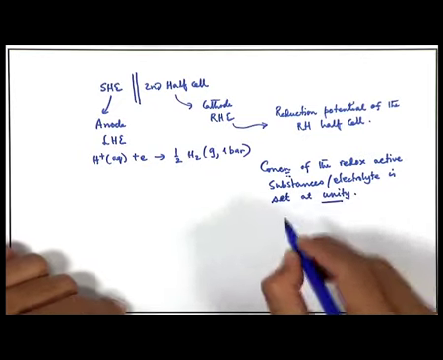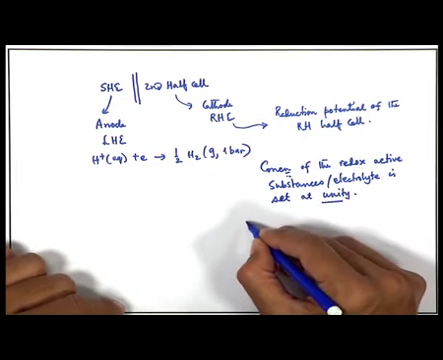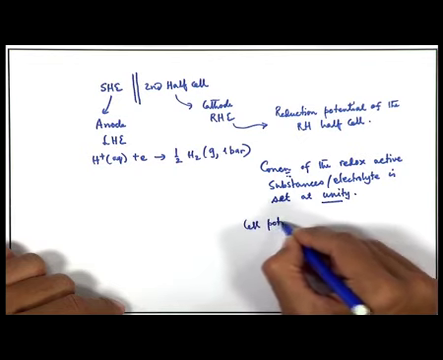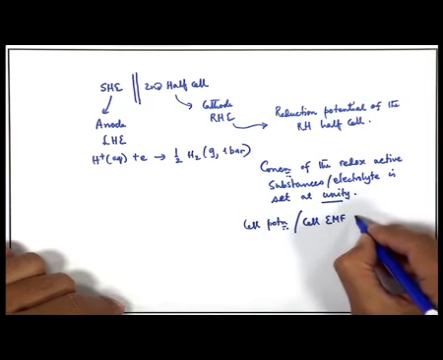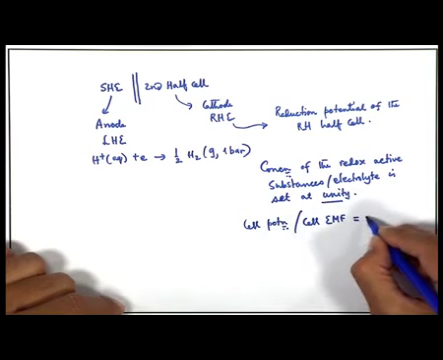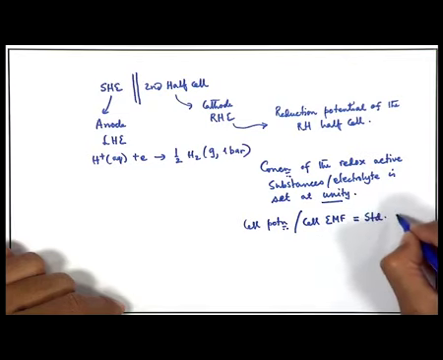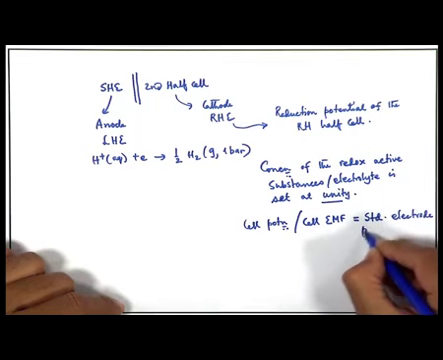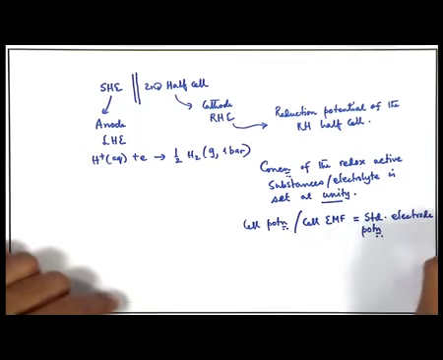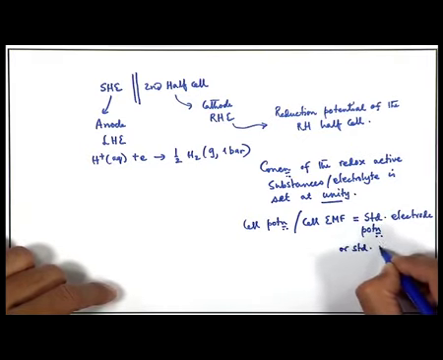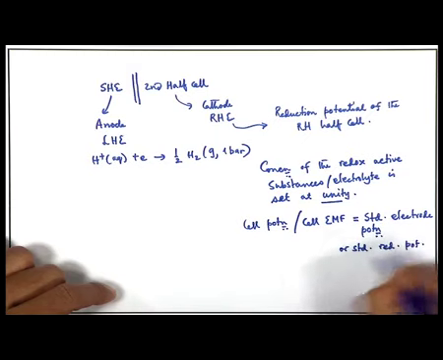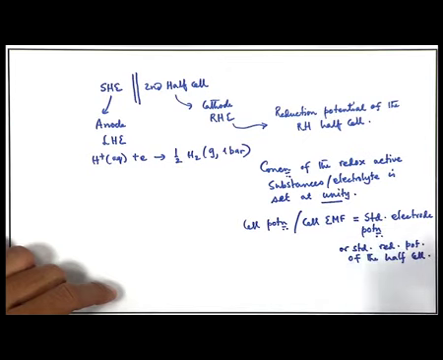And then the cell potential. If you keep this like this, then the cell potential, or EMF, or cell EMF, is equal to the standard electrode potential, or the standard reduction potential of the half cell in question.